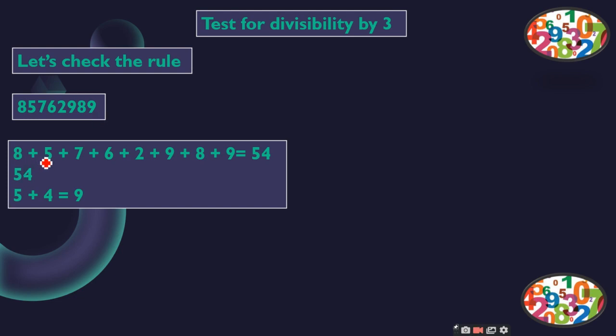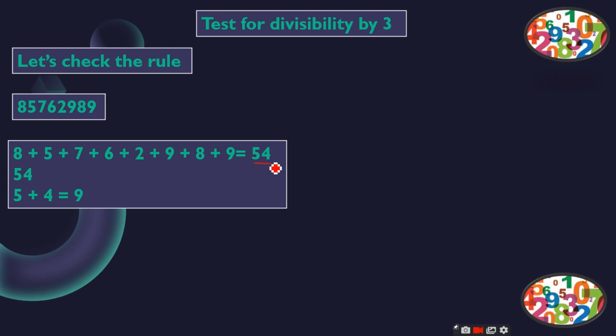Now 8 plus 5 is 13. 13 plus 7 is 20. 20 plus 6 is 26. 26 plus 2, 28. 28 plus 9, 37. 37 plus 8, 45. And 45 plus 9, 54. Now we have 54.